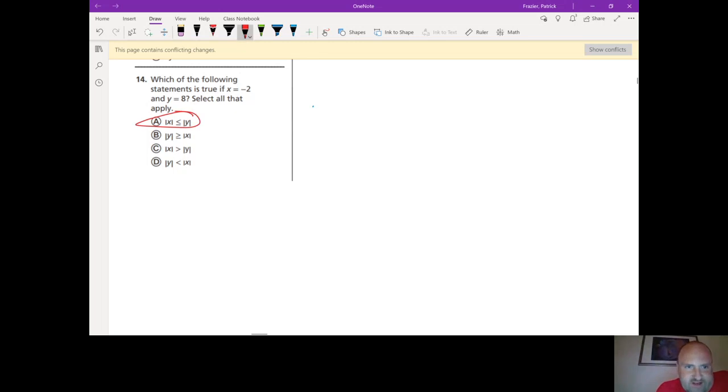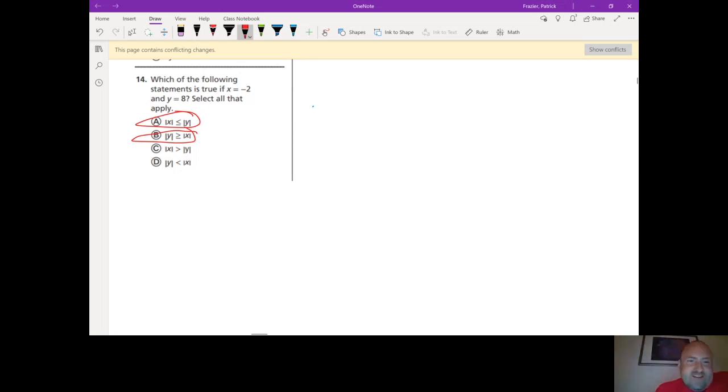So that works. Next one, 8 is greater than or equal to 2. Yeah, that would also be true, because the absolute value of 8 is greater than or equal to the absolute value of negative 2, which is just positive 2.